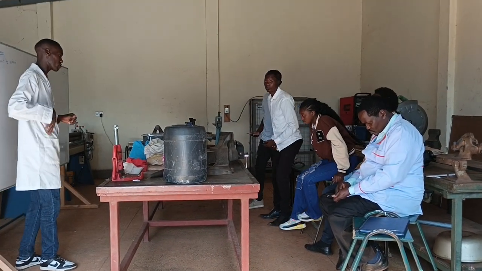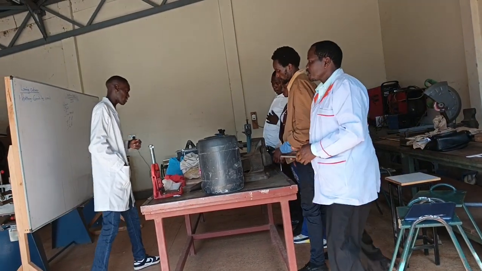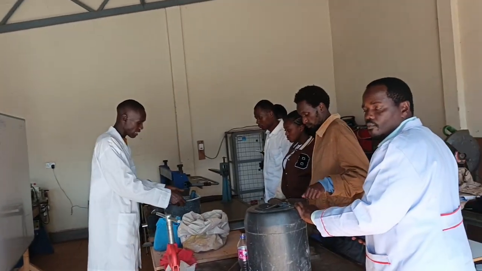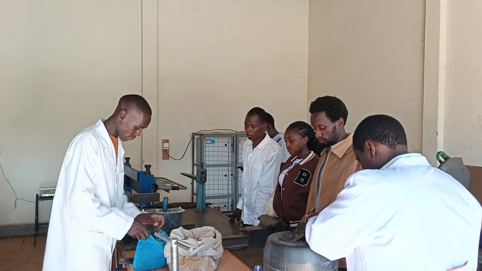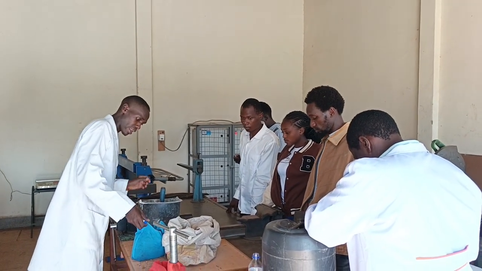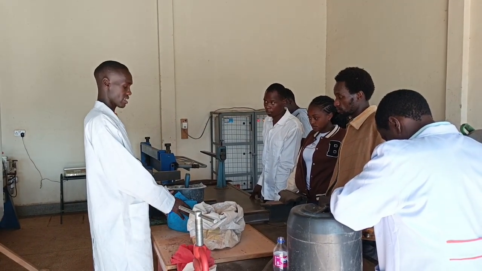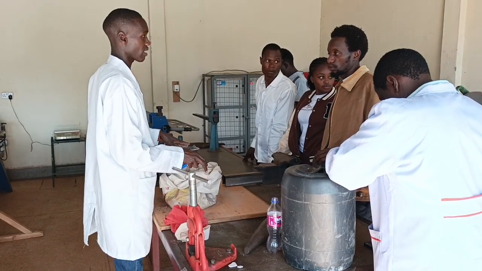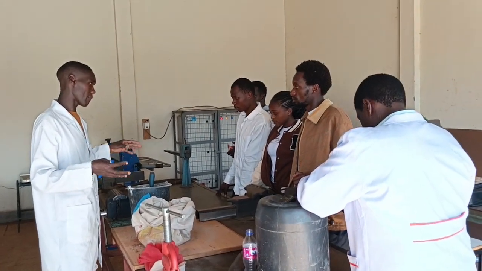So I will ask you to come closer here so that I can show you the materials. Please, for those who are on phones, come and concentrate. With me here, I have ballast, this is the coarse aggregate. And I have cement. This is our cement here. And we have sand. So basically this is our concrete material.